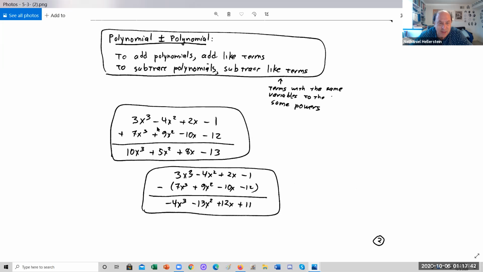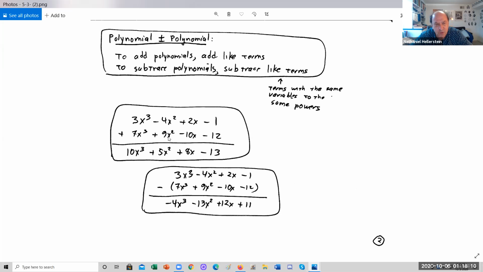Anyhow, to add these, you have 3x cubed minus 4x squared plus 2x minus 1. This one we add 7x cubed plus 9x squared minus 10x minus 12. You'll notice that with these four terms, here are two positives. Here's negative, positive, positive, negative, and negative, negative. And here you'll see the same polynomials. Here you go. We add up these like terms. We add the coefficients of 3x cubed and 7x cubed. That's 10x cubed.